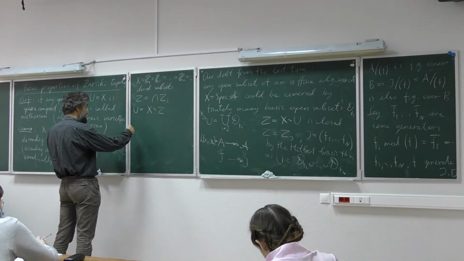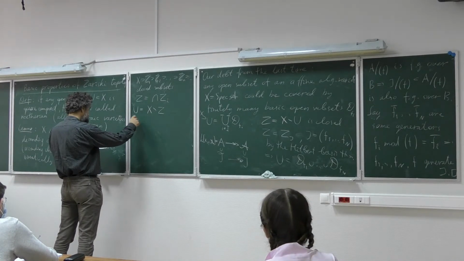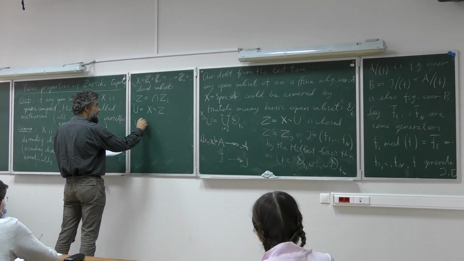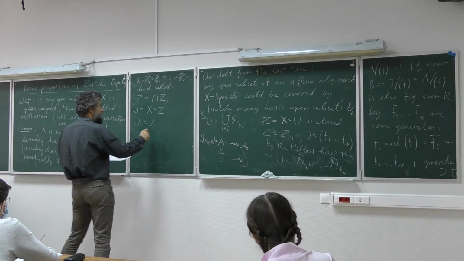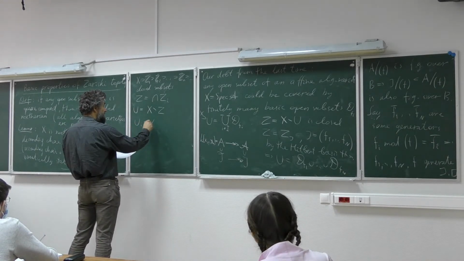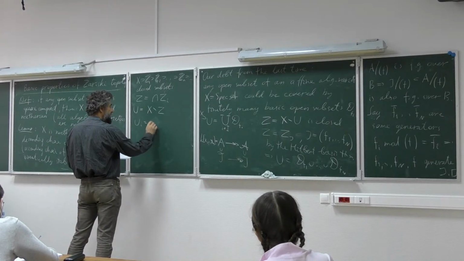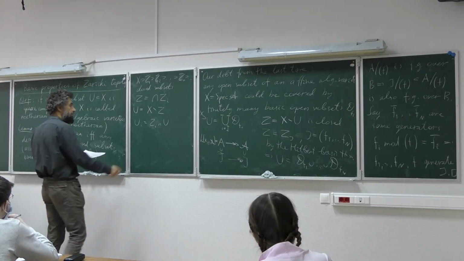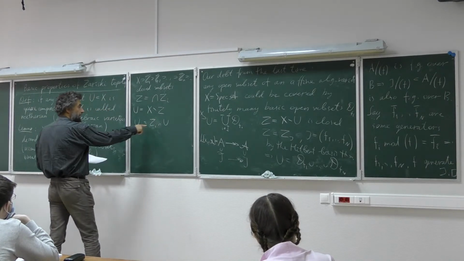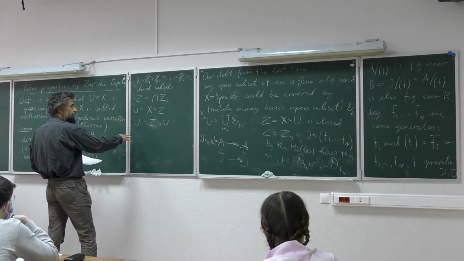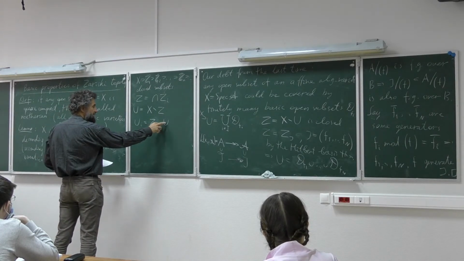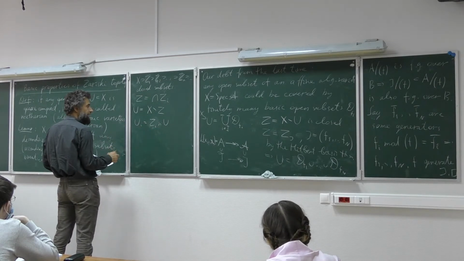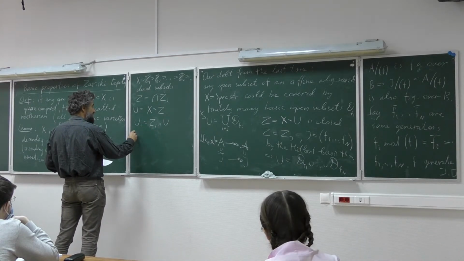Okay, and now we can consider Ui as Zi intersected with U, and this will again be a descending chain of closed subsets of U, and its intersection will be already empty, right?